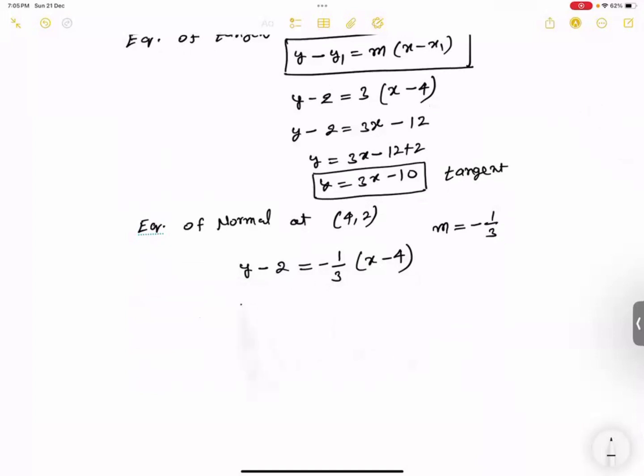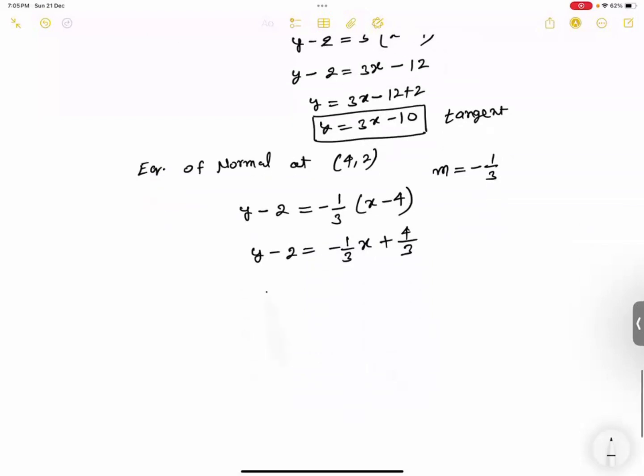So I'm multiplying 3 to the left side. Or no, let it be. y minus 2 equal to minus 1 upon 3 x plus 4 upon 3. And then y equal to minus 1 upon 3 x plus 4 upon 3 plus 2.